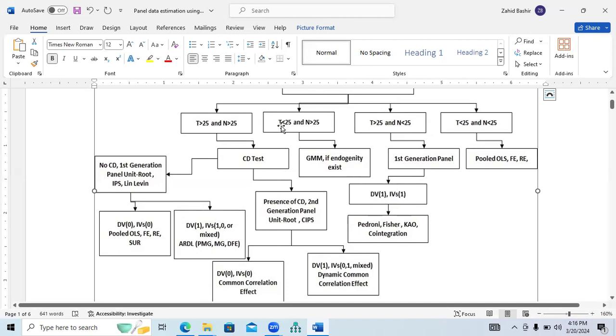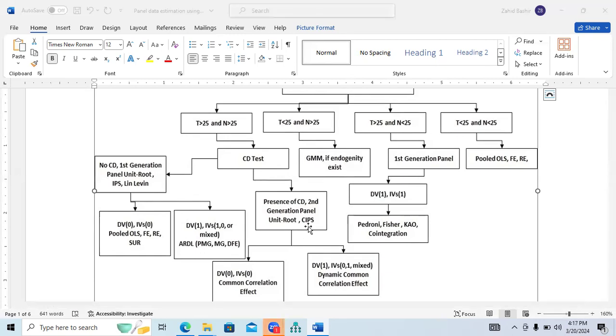In the same way, if your time series is less than 25 and your cross sections, or number of countries or companies, is greater than 25, you are going to check endogeneity first, and then you are going to use the GMM as a solution of that endogeneity. So your time series should be less than 25, while your cross sections or companies or countries should be greater than 25 in order to consider this condition.